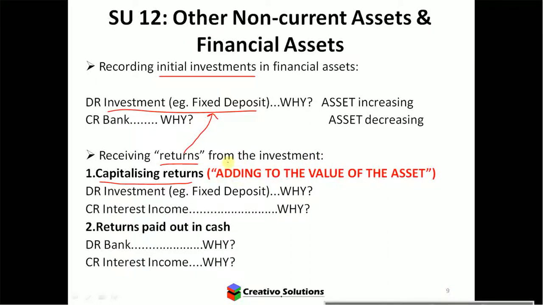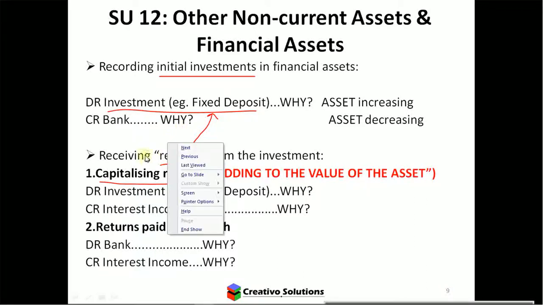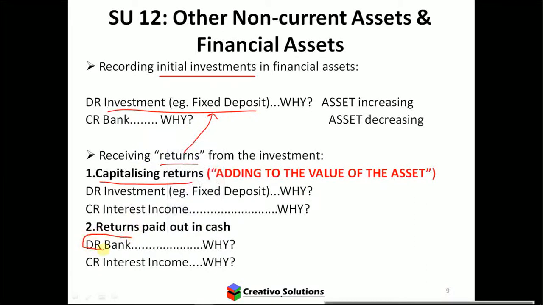If you didn't want the investment to increase in value and you want the interest to be paid to you, would you affect the bank? Yes, because the bank would go up because you're getting more money paid. So you can either get the actual interest, so bank will be affected, or you can ask for the returns to be capitalized, so added to the value of the investment or paid out in cash.